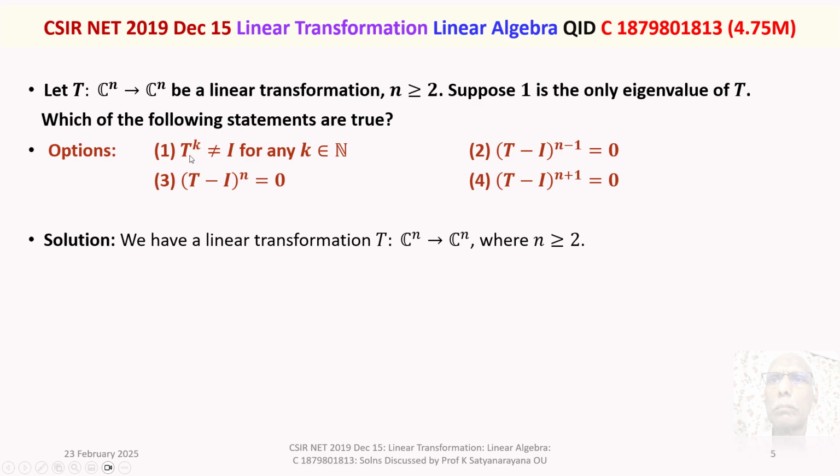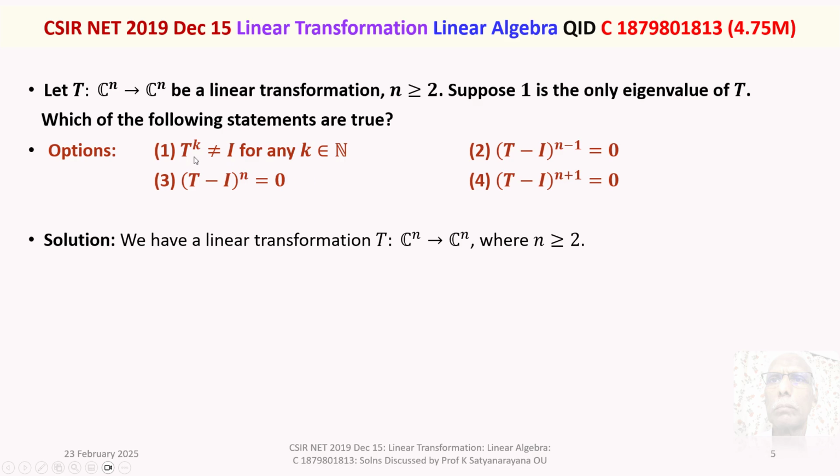So, T power k not equal to I for any k belongs to N. This is not true. Suppose the matrix corresponding to T is the identity I_n, the identity matrix of order n.